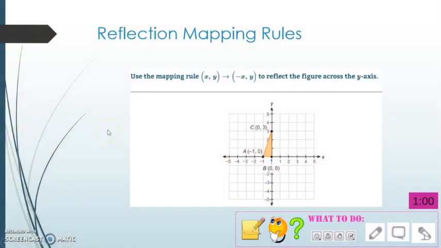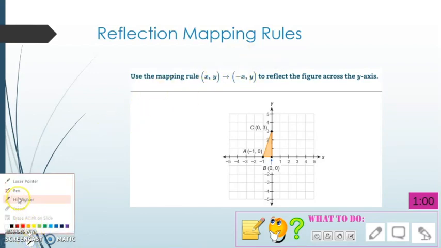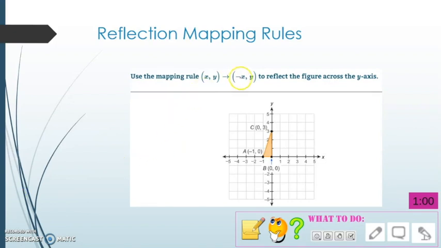Let's try one where we need to reflect across the y-axis. The directions say which rule you need to remember to use to reflect across the y-axis. You just need to change the sign of your x values. And then you can also see where the coordinate points are.